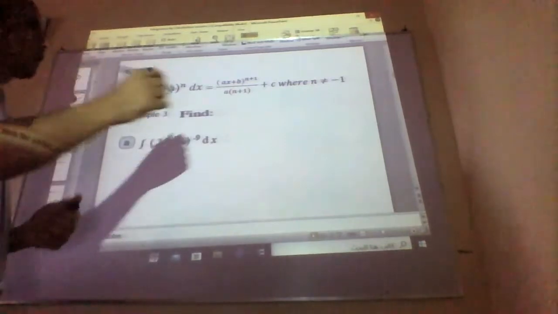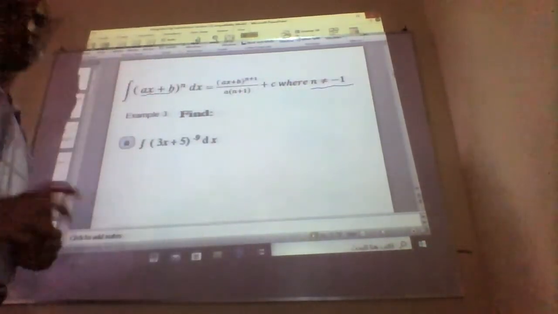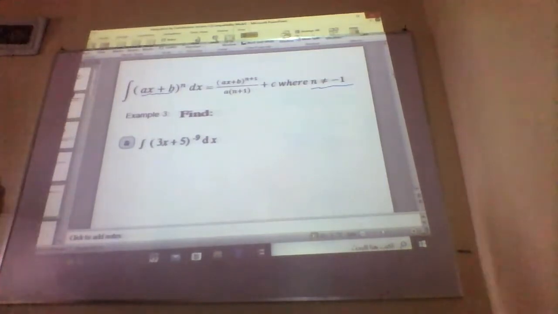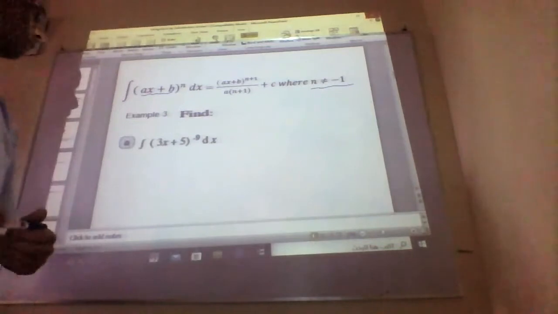We have a very important condition here, which is n not equal negative 1. This case cannot be applied when n equal negative 1.